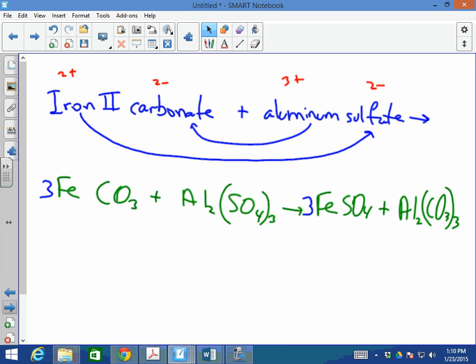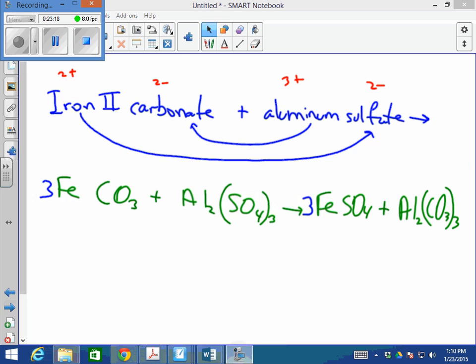Then decide: is it a synthesis reaction? Am I going to decompose a reaction? Am I going to do a single replacement, double replacement? Is this a combustion reaction? Once you have that figured out, it will be much easier for you to continue with the equation. I hope this helps.